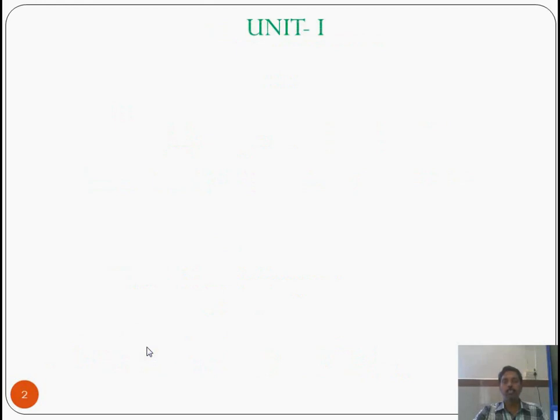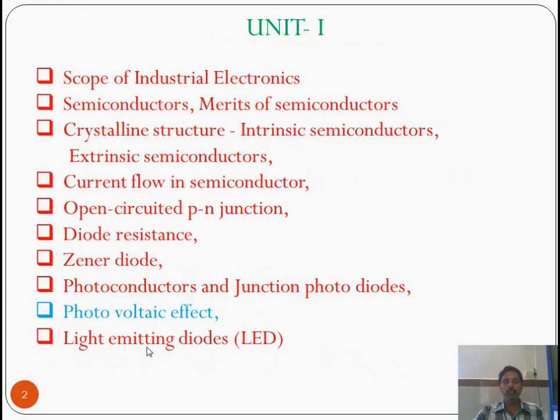In this unit 1, we are going to discuss the following topics. The topics covered in the syllabus are scope of industrial electronics, semiconductors and the merits of semiconductors, then the crystalline structure. Crystalline structure means the structure of the semiconductor materials which are used in intrinsic and extrinsic semiconductors.